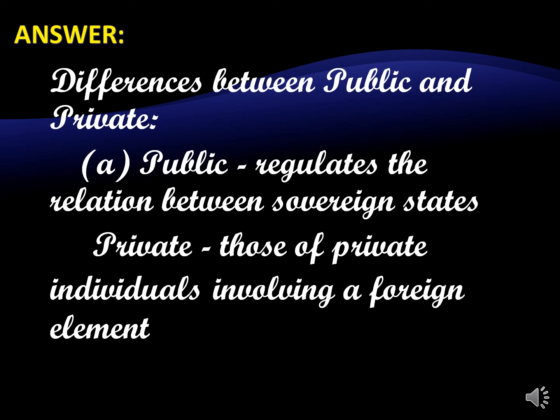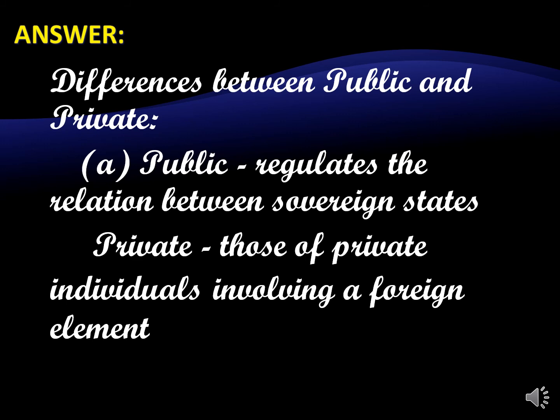So there are three areas of distinction, and he has divided this into A, B, and C. Differences between public and private: public, on top, regulates the relation between sovereign states, and then private, those of private individuals involving a foreign element. So you could see from this particular area that the examiner could already see the distinctions between public and private international law.